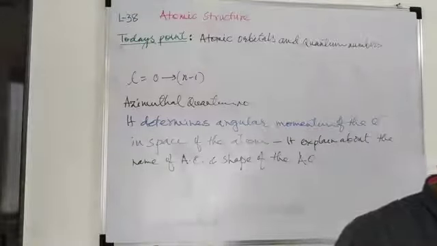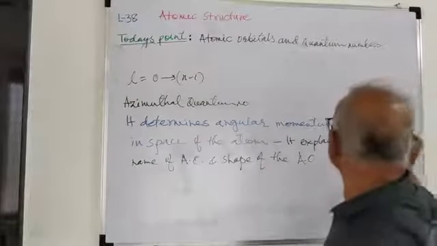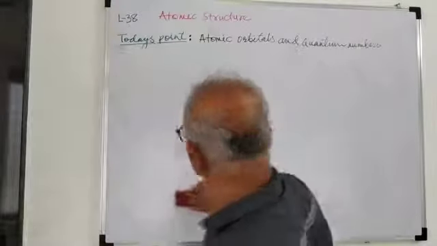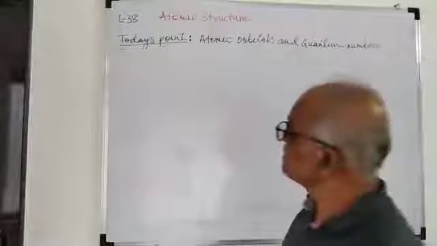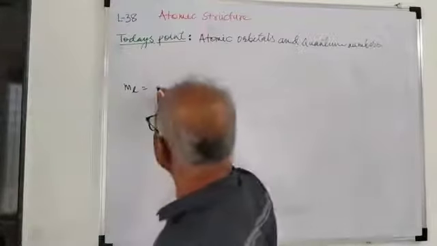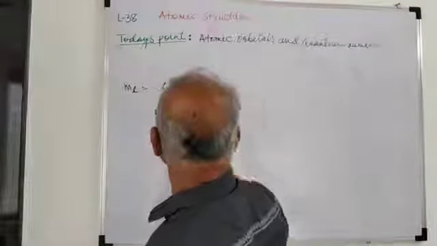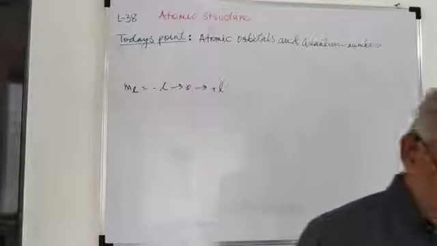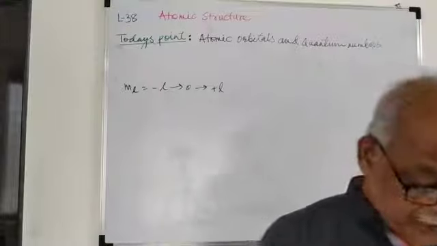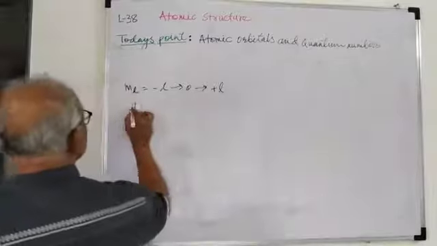Then the next quantum number is the magnetic quantum number, that is ML. This magnetic quantum number has values from -L through 0 to +L.